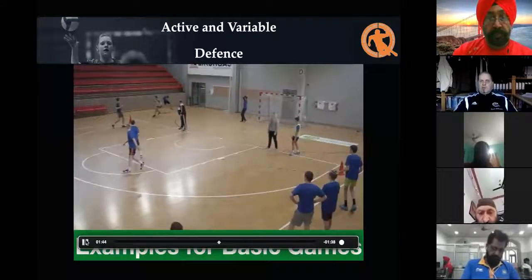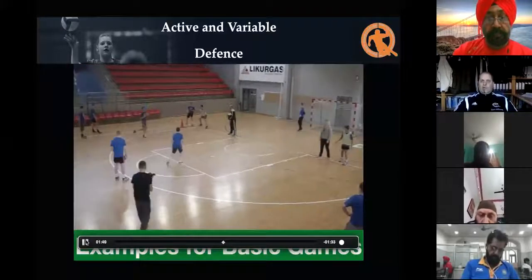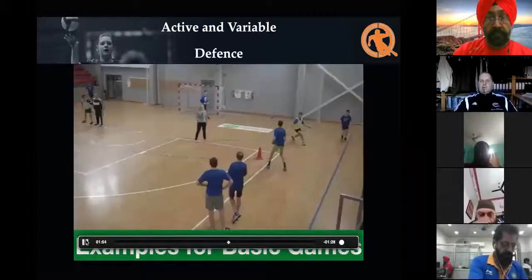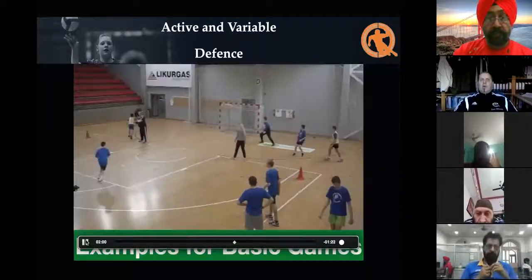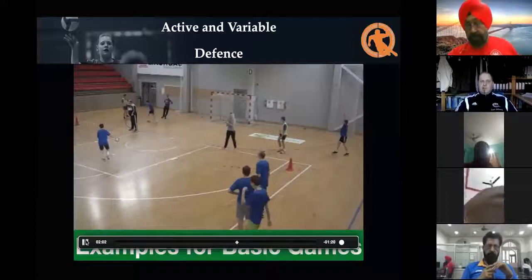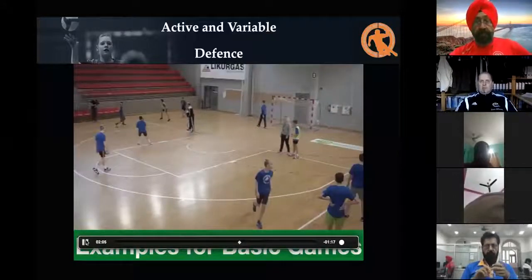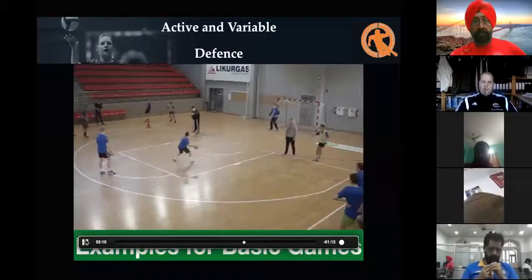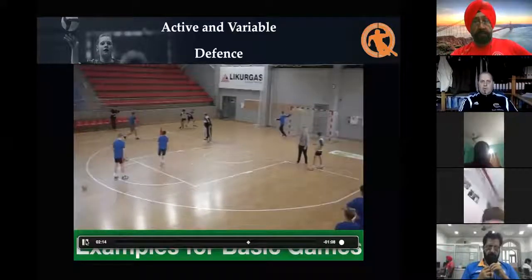This follows one of our instructions we had in the beginning of that session. It's attack teaches defense. So more options for attackers result in more reactions from the defense side. So please always keep this in mind when you build up your training, that special passing is more demanding for the players in defense.